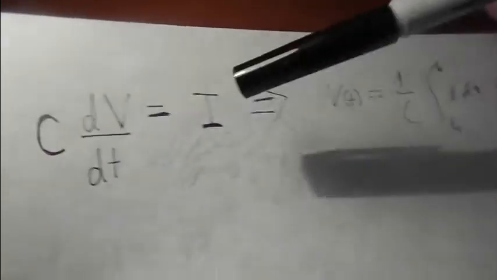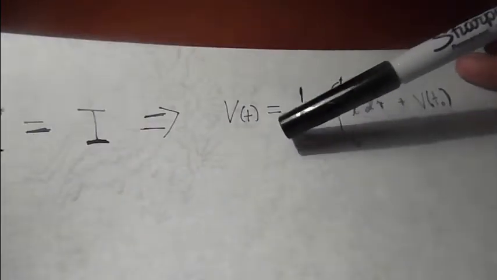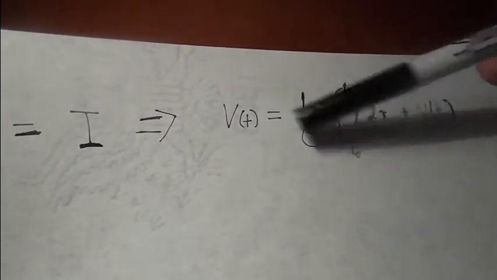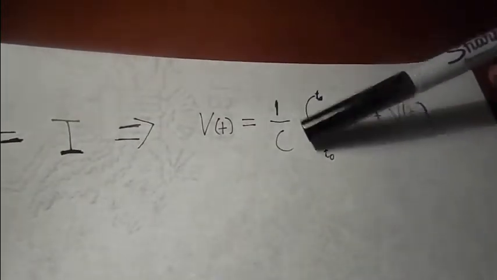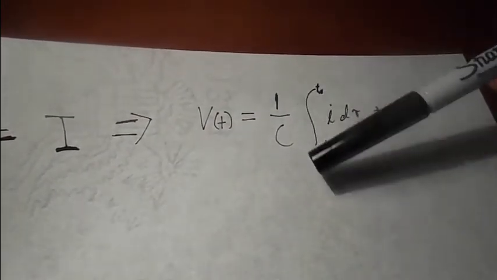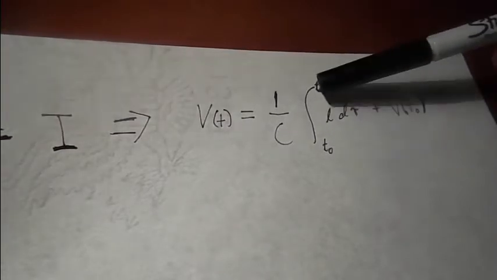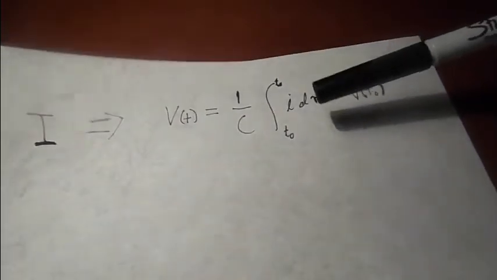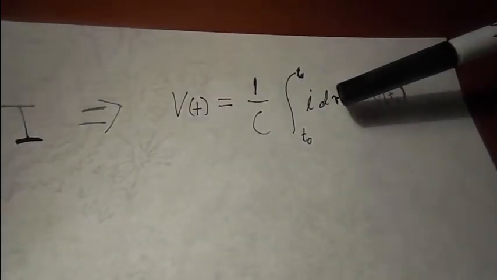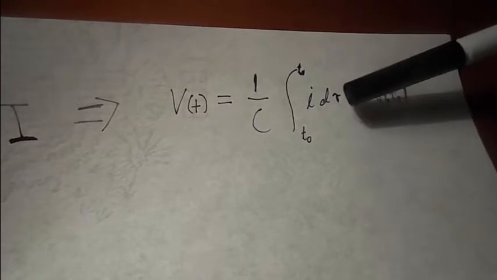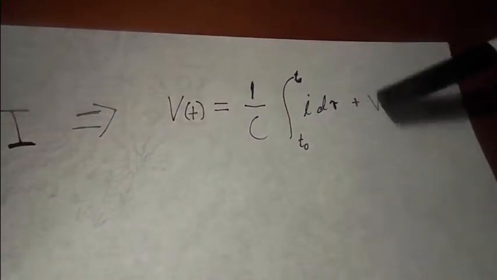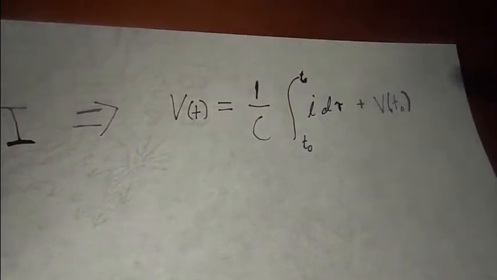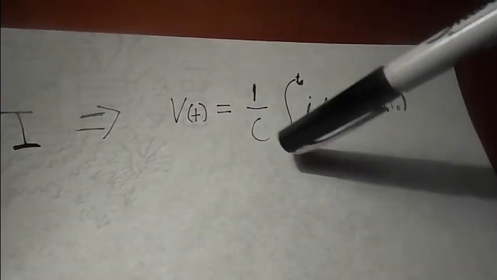And if you take the antiderivative of this, we have V as a function of t equal to 1 over capacitance times the integral from t0 to t of the current I d tau, plus V of t0, t0 being your original time. So this is pretty cool.